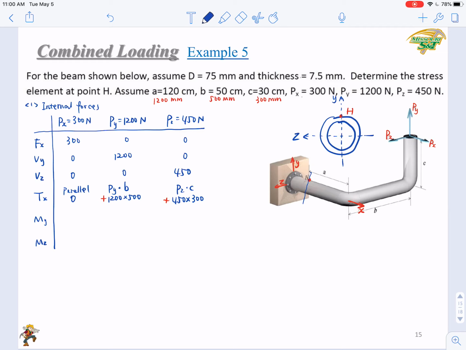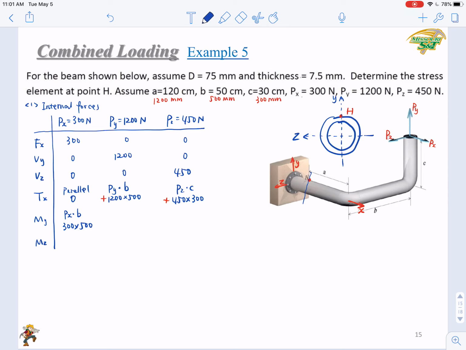Then about y-axis, if you have Px, the arm will be B, right? Px times B will be one component of My. So that will be Px is 300 times 500.